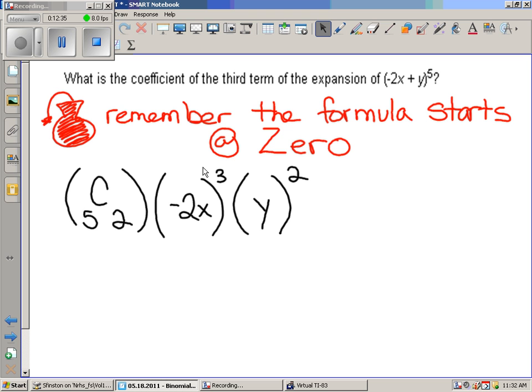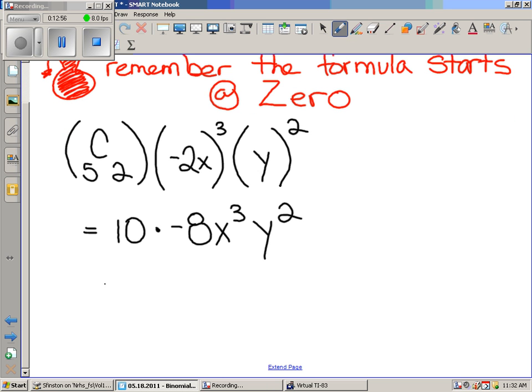So it was 5 and 0, 4 and 1, 3 and 2. And what is 5c2? 5c2 is 10. Negative 2x to the third is negative 8x to the third. And this is y squared. Okay, we're almost there. So this is negative 80 x cubed y squared.